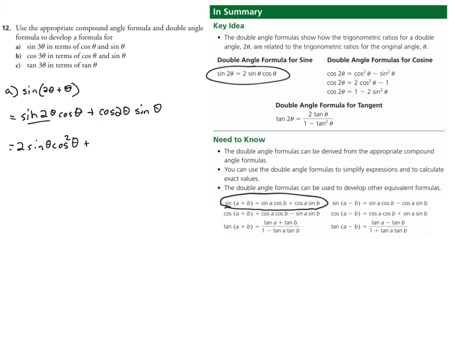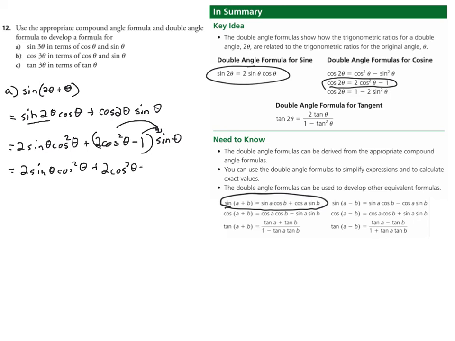plus, now I like the second one for this. I'm going to say cos 2 theta is 2 cos squared theta minus 1, and that has to multiply by sine theta, and that's equal to 2 sine theta cos squared theta plus, so we're going to multiply each one of these, so it's going to be 2 cos squared theta sine theta minus sine theta.